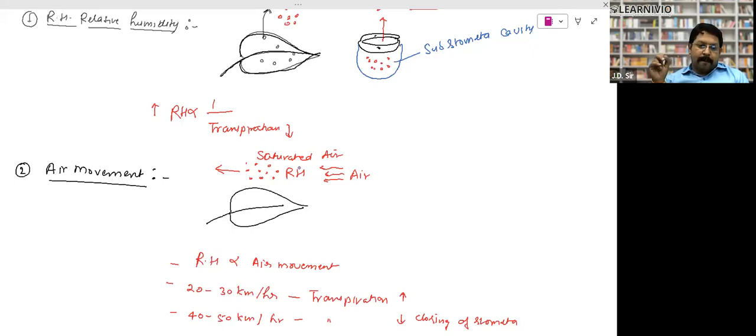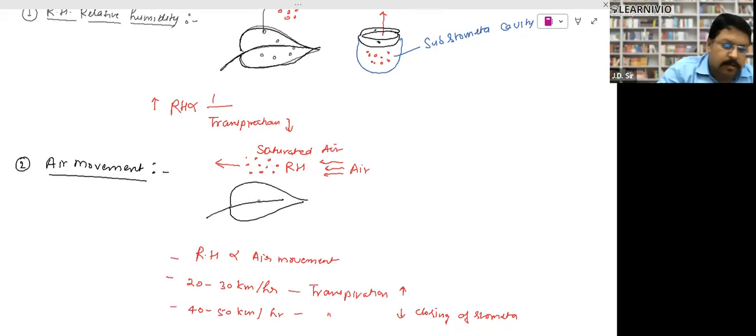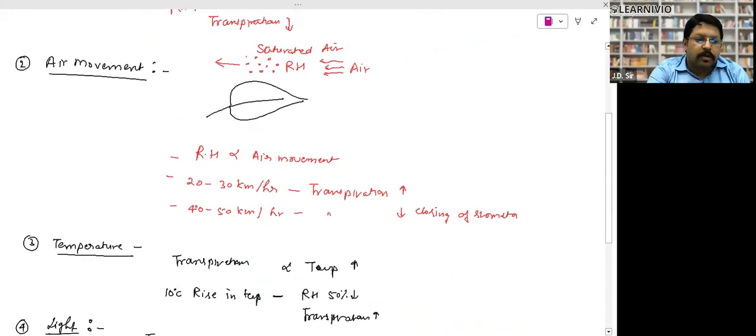Full stop. So in the stormy weather, there will not be transpiration. Clear? Yes. So when the wind speed is 20 to 30 km per hour, transpiration will increase.